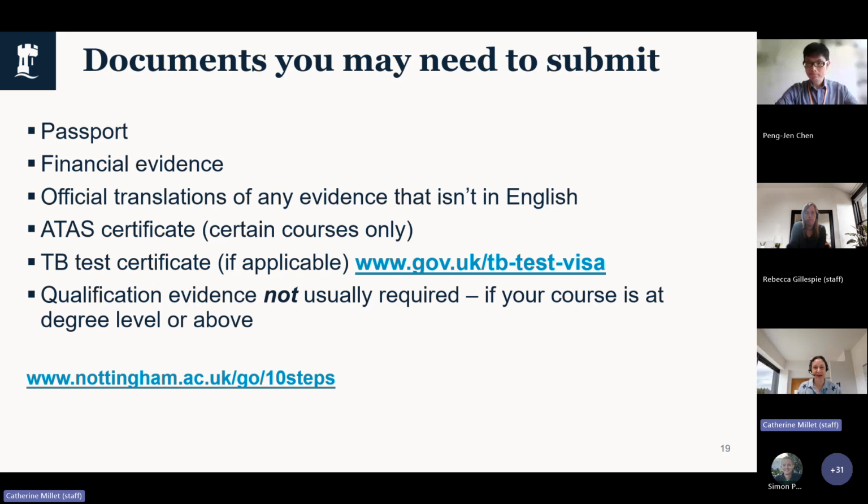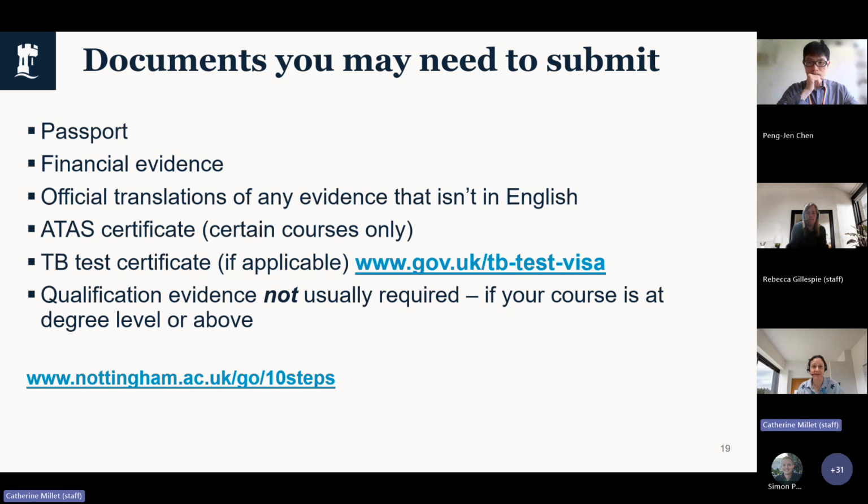Just a repetition about the differential arrangements: everybody, including people who are on the differential list, must prepare their financial evidence if they're applying overseas, because it may be required at a later stage, and then it's very difficult to backtrack if you didn't prepare it. As we mentioned also before, you may need official translations of any evidence that isn't in English.